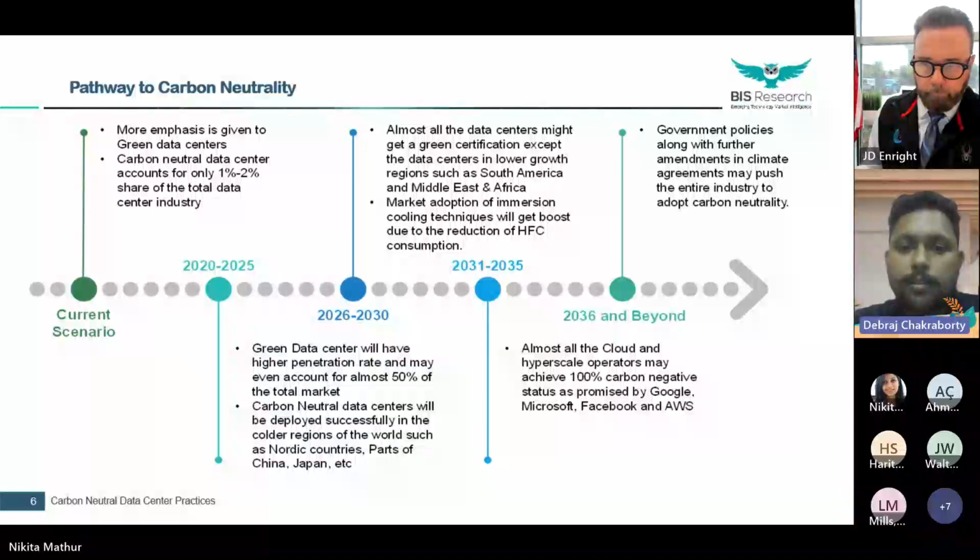It's very foggy to say that beyond 2031 or 35, there will be a lot of change. However, in 2030, there will be an important event that's going to change the entire carbon neutral or the data center industry all along. NTT has declared that they are going to launch 6G in 2030.